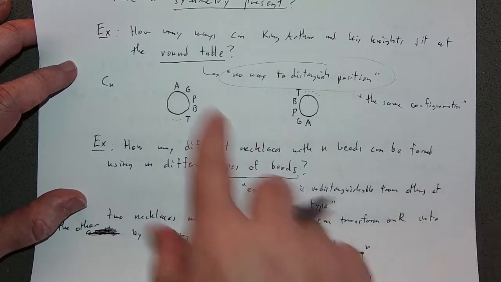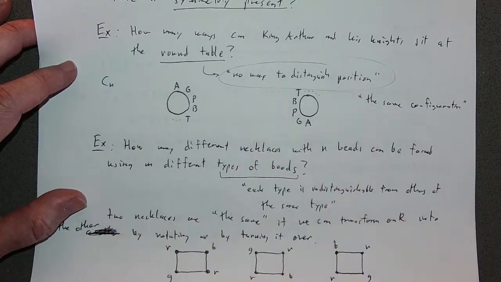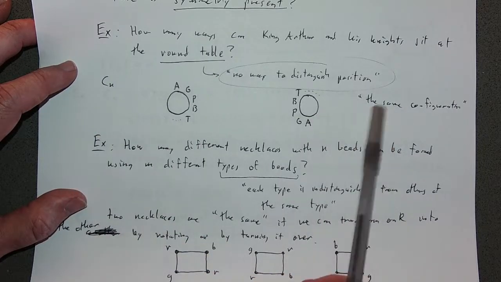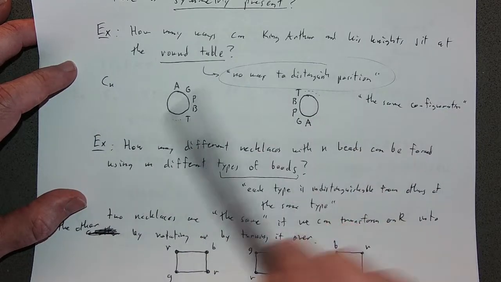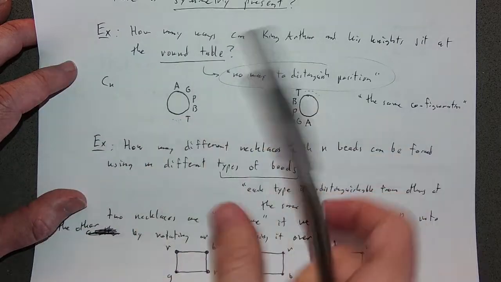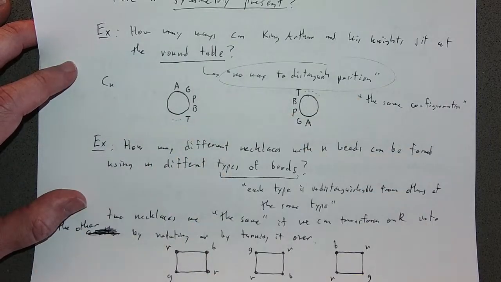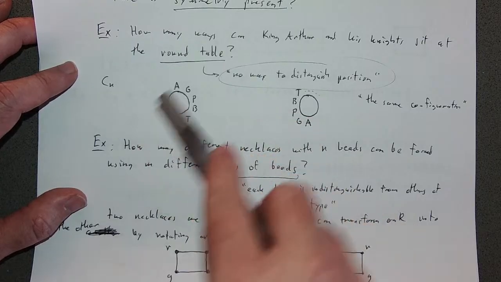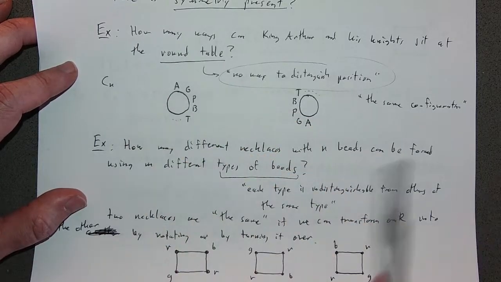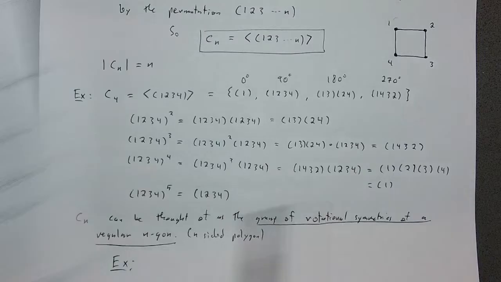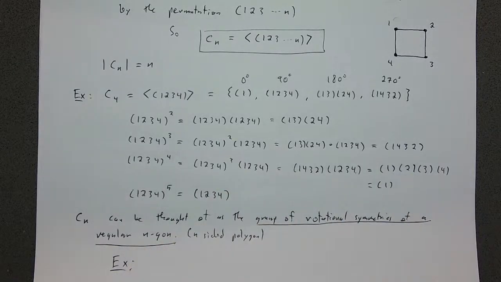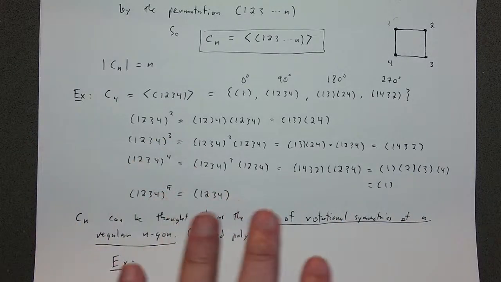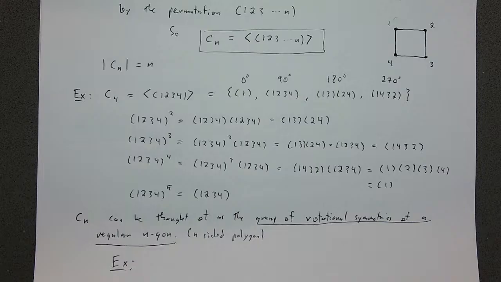And because it's regular, there's no way to distinguish a vertex. So we would call things the same configuration if one of these configurations could be rotated into the other. That is, if there's a rotational symmetry that allows you to take one of these configurations into the other, we call it the same configuration. So it's clear why understanding this would be important. In fact, this is exactly what we need to understand to answer a question like that.